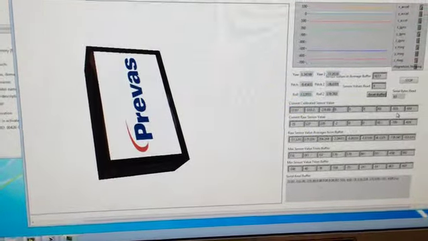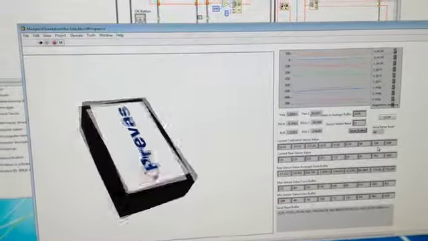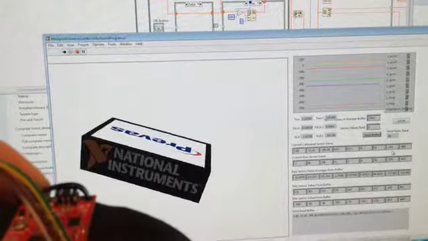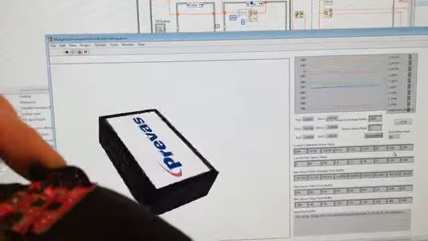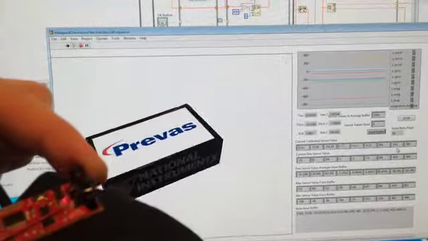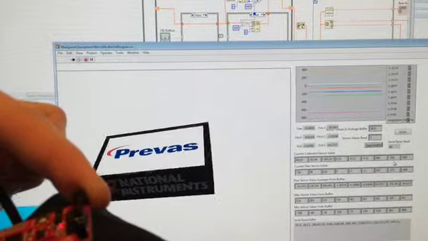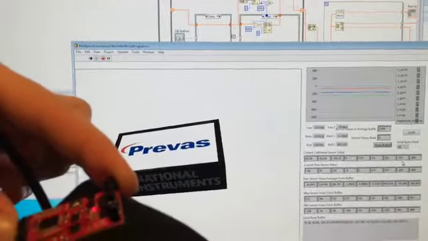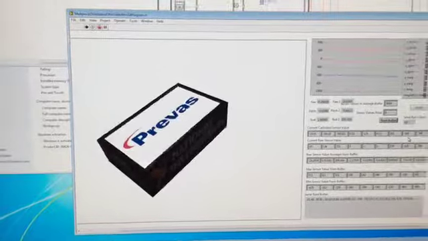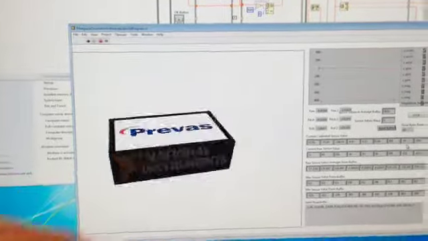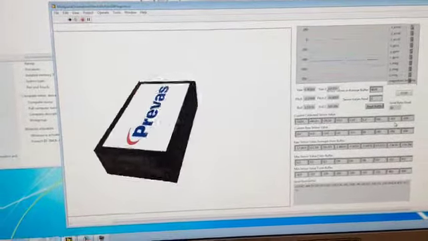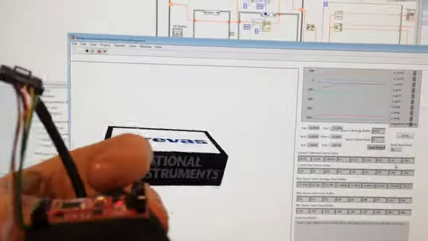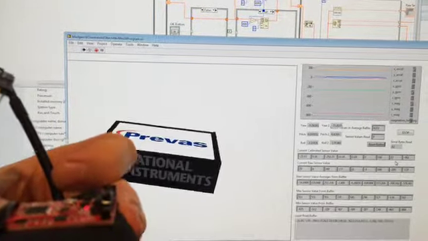Let's see. Interesting thing here. Here's the IMU. If I rotate it, watch. Here we're almost where it's rotating more than it should. Right now I'm approximately perpendicular to the computer monitor.